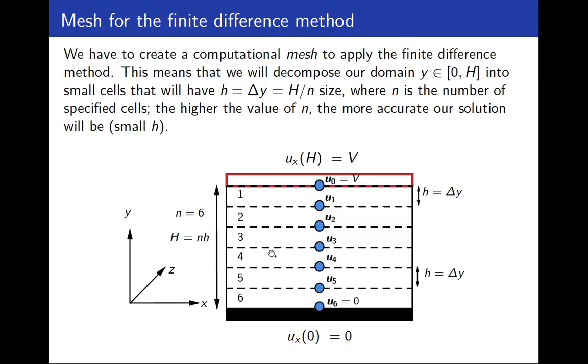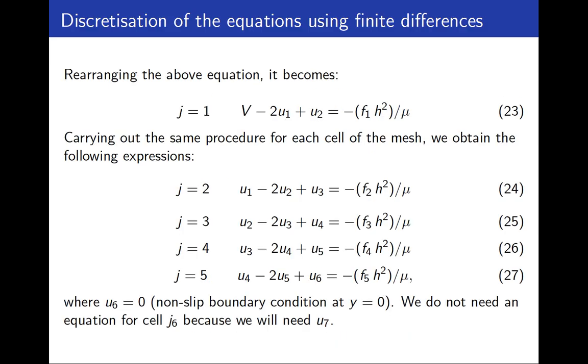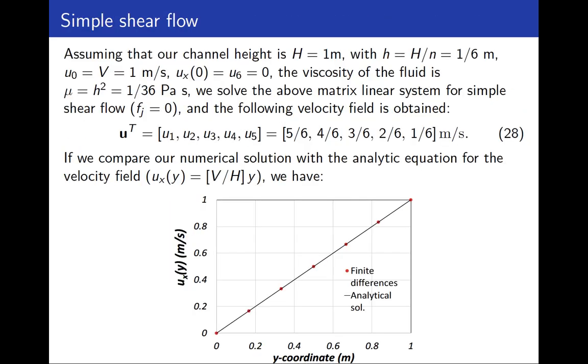If we have a more complex geometry, for instance, an irregular mesh, such as a plane, a car, or a pipe composed of different elements, finite difference becomes really complicated to apply. So in these cases, we need to look for different methods.